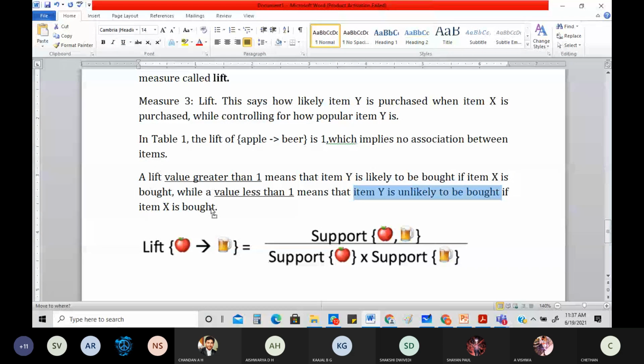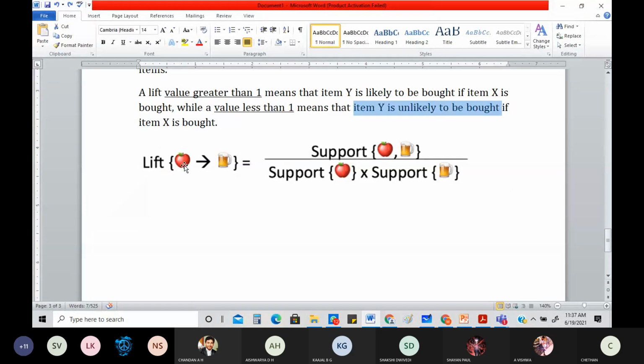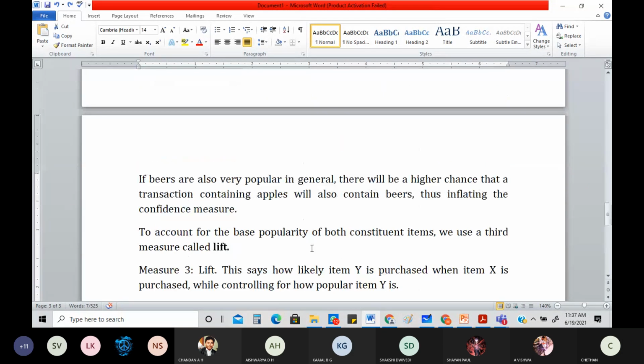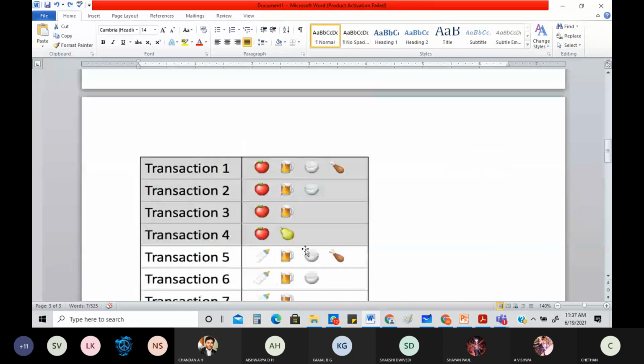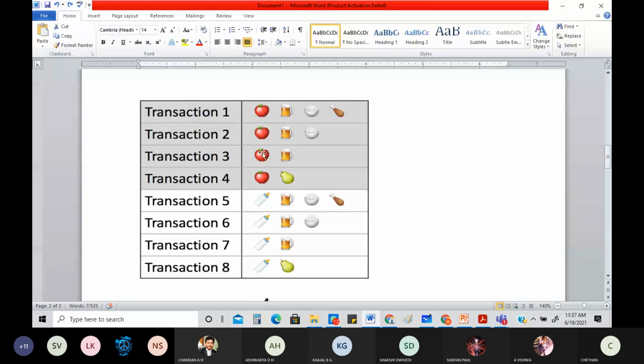What is the way of calculating it? It is like this: lift of apples to beer. What you need to look for is the support of apples and beer together, which basically means two things coming together. If you look here, 1, 2, 3.